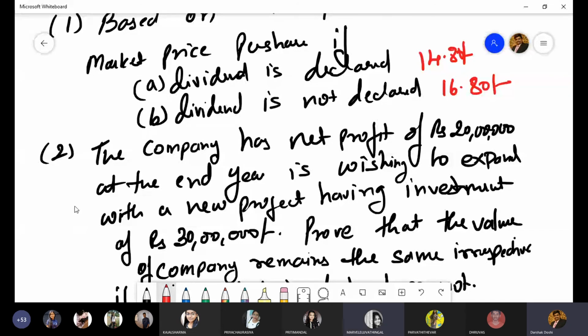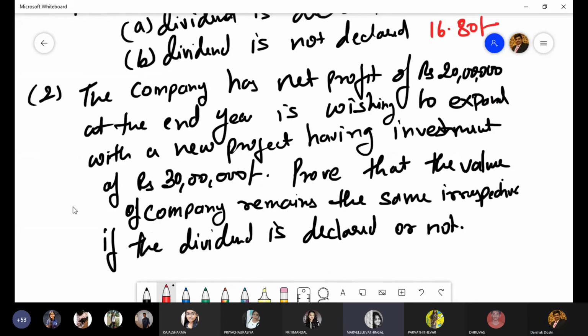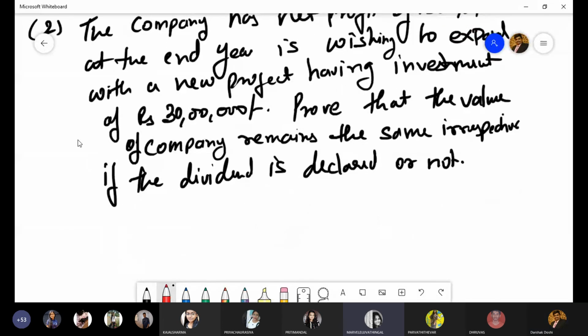When dividend is declared, it is 81.08, so I made it 81,082. Correct. And when dividend is not paid, it is 59,523.809, so it comes to 59,524. Perfect.